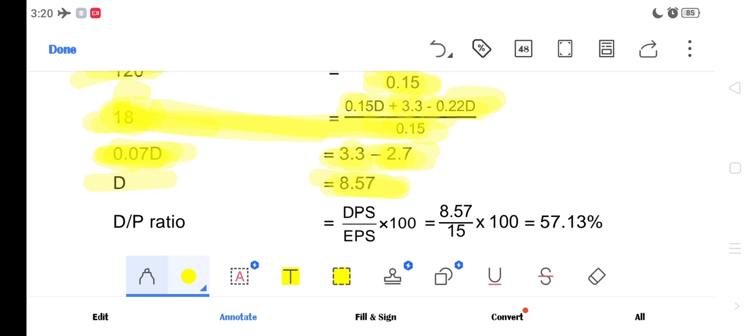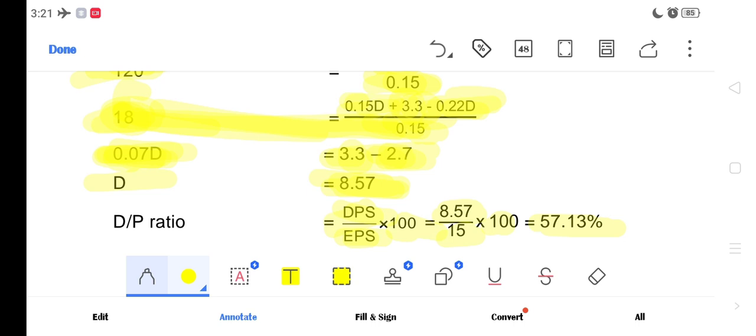So if you remember the statement, from the earnings only, you have to pay the dividend. So the dividend payout ratio means, from the earnings, how much percentage you are going to pay. If you remember this statement, you won't have to memorize the formula by heart, you will get to know it very easily. So DPS by EPS into 100, which is dividend by earnings into 100. 8.57 is the dividend, 15 is the earnings per share, so into 100, we get 57.13.